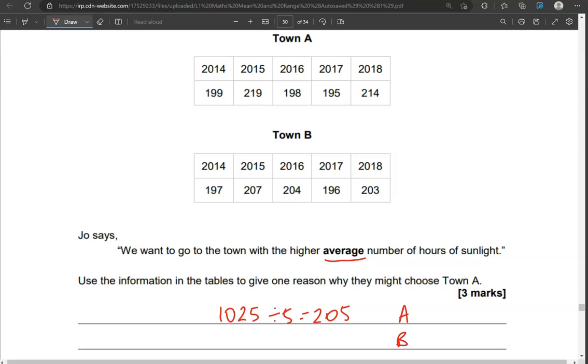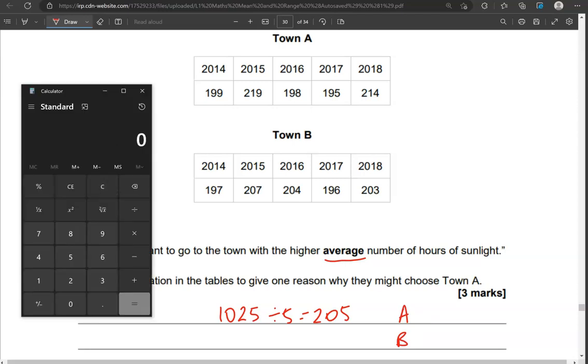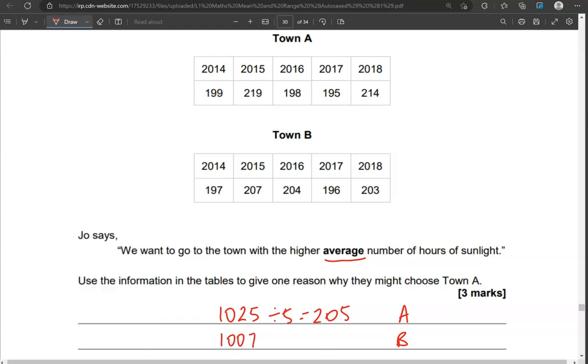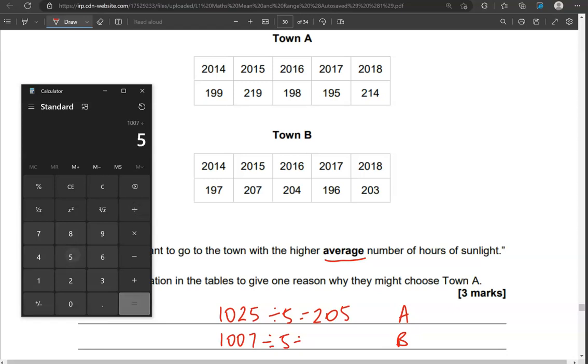For B, 197, add 207, add 204, add 196, add 203, gives us 1007, divided by 5, gives us 201.4.